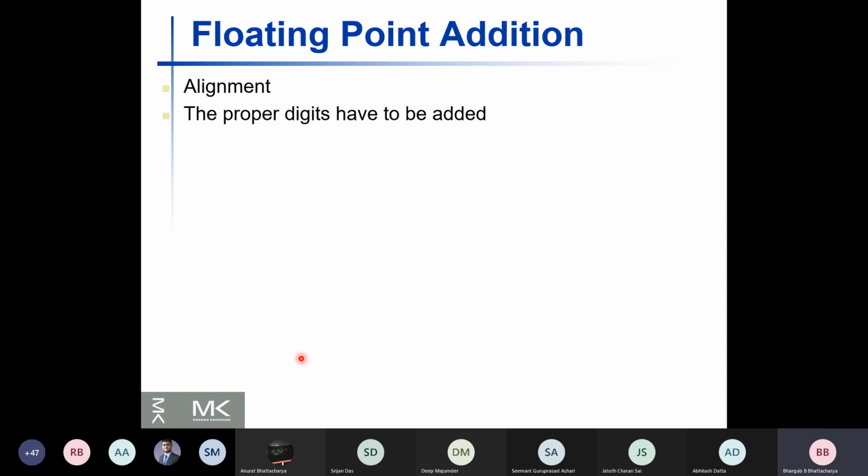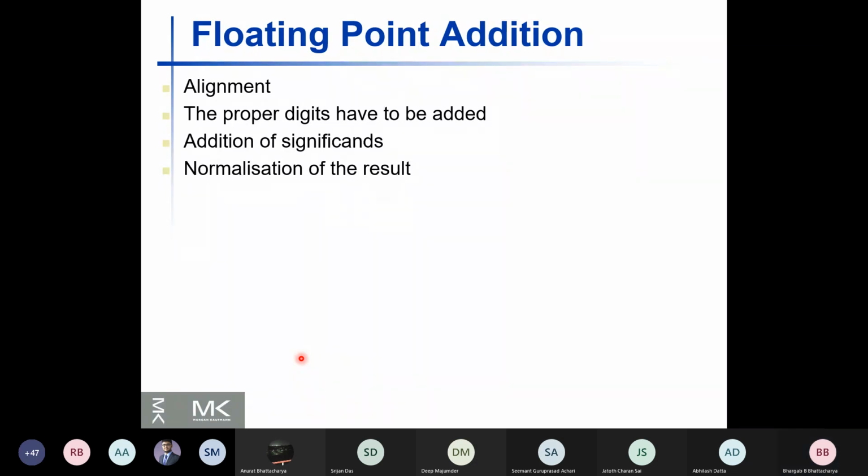So what are the actions that I need to take when I'm going to add two floating point numbers? First is alignment. The proper digits have to be added. Then addition of the significands. Then normalization of the result, because after addition, this binary point may be shifted.